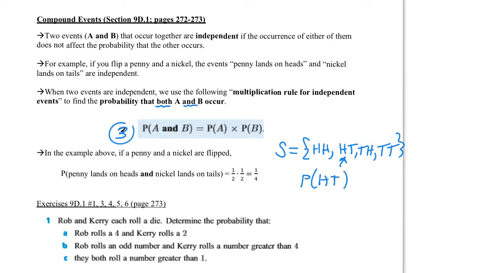If I was in the previous section, I would list out the outcomes and know that there are 4, and only one of them has the penny on heads and nickel on tails. But now I can just do a simpler concept of multiplying 1/2 times 1/2 to get that 1/4.